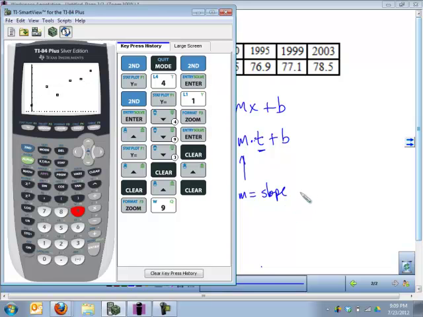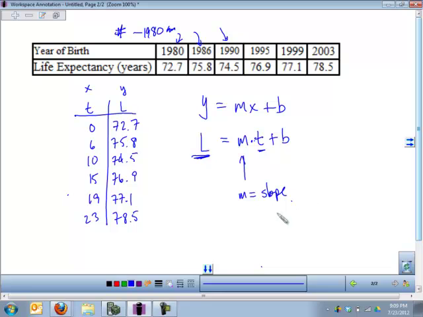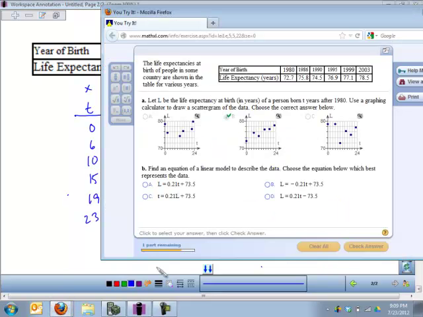So a line going up means that the slope is positive. So looking at that, I can actually now eliminate this B choice with a negative slope. So now it's between these two.